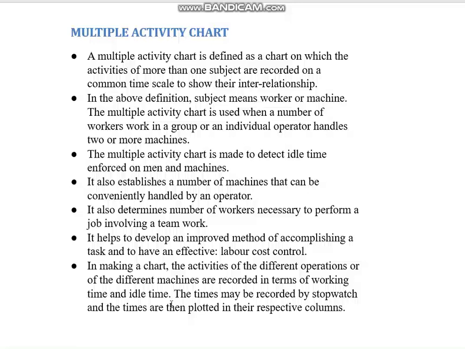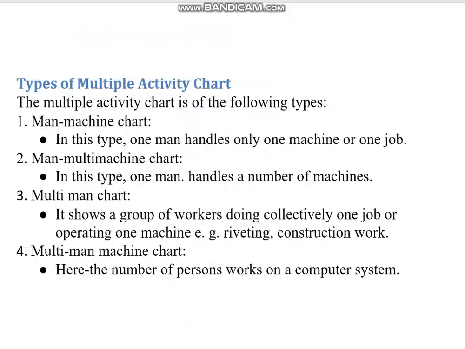When the machine starts working, maybe the man will be idle unless he has some other work to do, or is bringing some other workpiece nearer to the machine. So there will be working time and idle time. These are the two things. The times may be recorded by stopwatch, and the times are then plotted in their respective columns. When we see an example, you will be able to understand how these columns are charted.